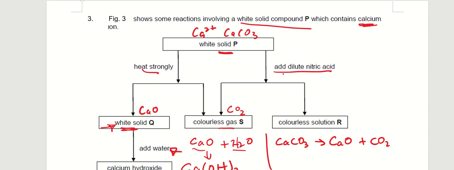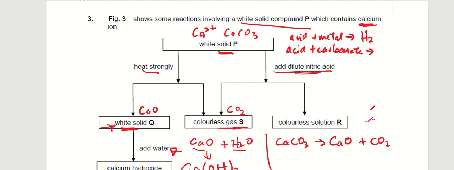Now we add an acid to a white solid and we get a gas. When we add an acid, there are two reactions that give you a gas. Let's write that down. Acid plus metal gives us hydrogen gas, and acid reacts with carbonates to produce carbon dioxide gas.